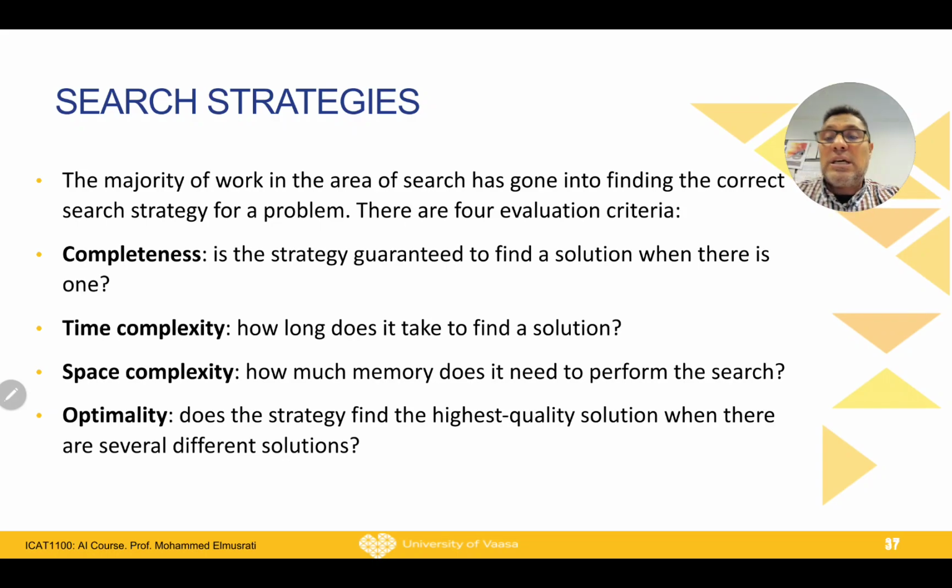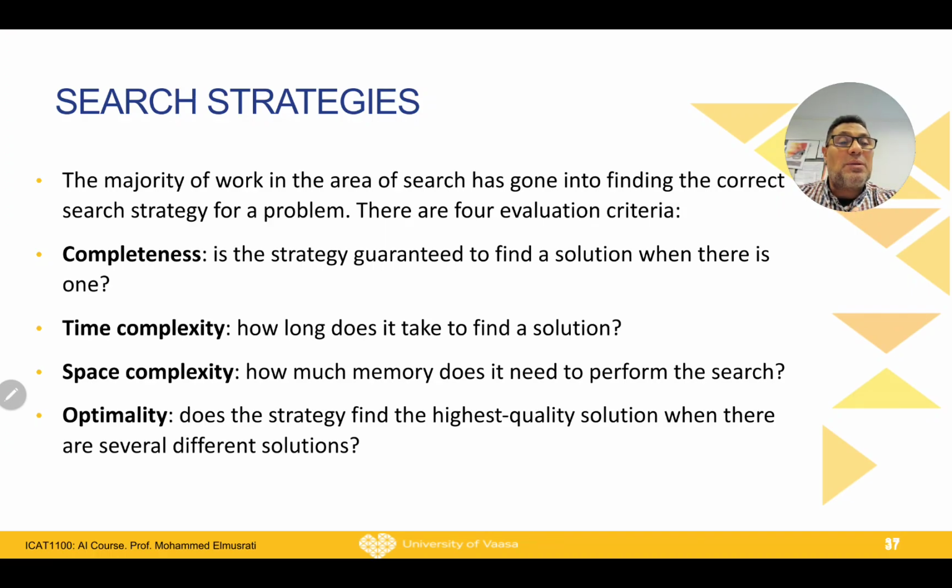Now the searching strategies that we are talking about, we need to evaluate them based on 4 evaluation criteria. First, completeness. What we mean by completeness is, is it guaranteed to find a solution if there is one?